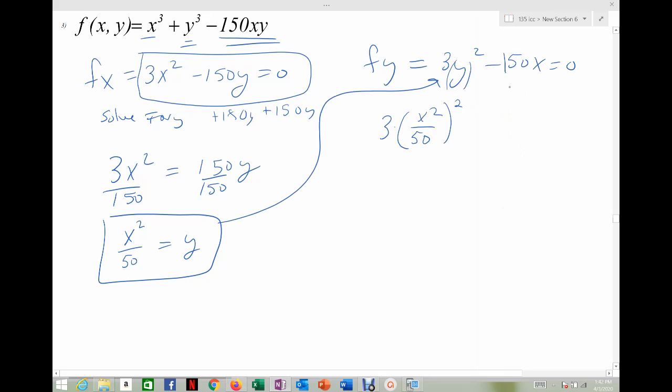And that should have been 150. So minus 150x, still equal to 0. Alright, well now I've got to square that. Make sure you're careful. That whole thing inside the parentheses gets squared. So the x squared is squared, and the 50 is squared. Alright, so it's going to be 3 times x to the 4th. 50 squared is 2500.